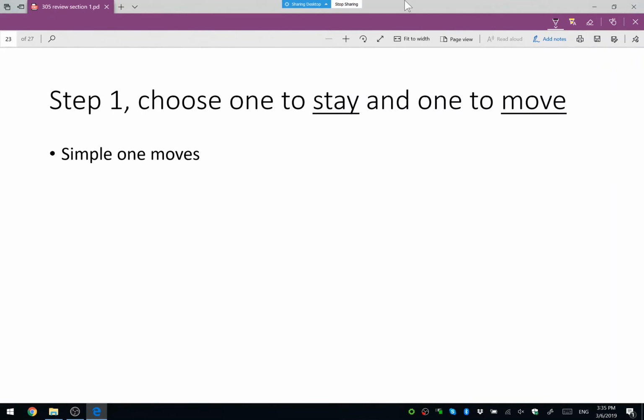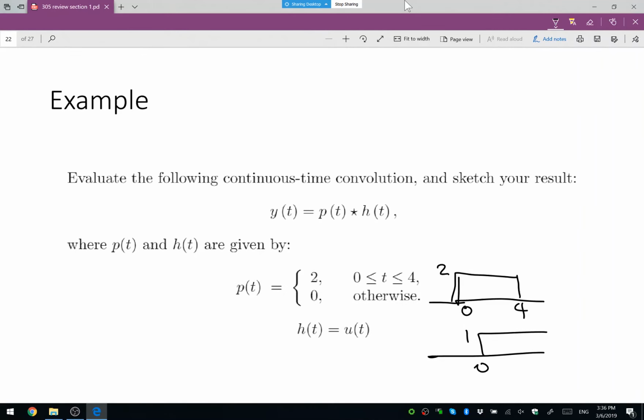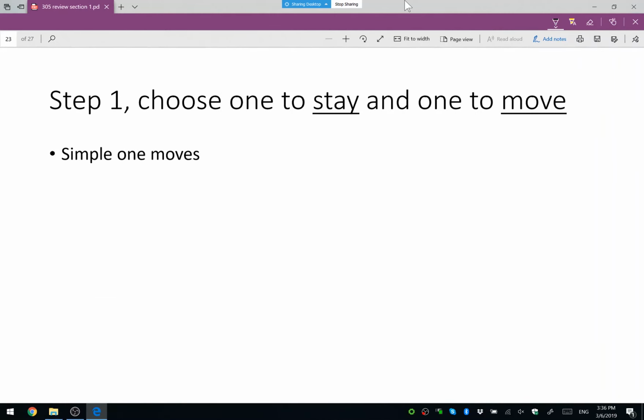The first step is to choose which one to stay and which one to move, because convolving P with H is the same as convolving H with P. So we choose one of them to stay and the other to move. Usually, I think it's easier to choose the simple one to move and the complex one to stay. What is simple and complex depends on how many boundaries there are.